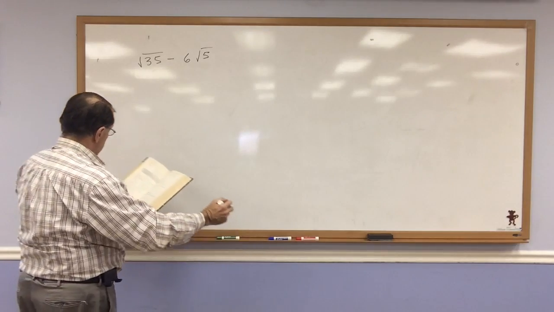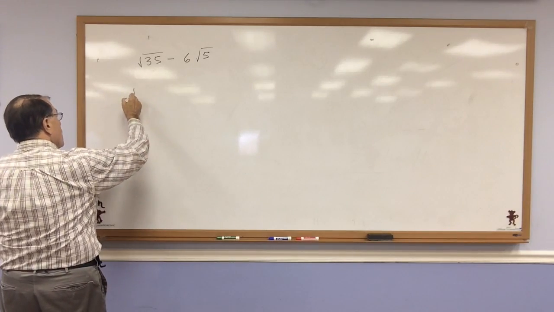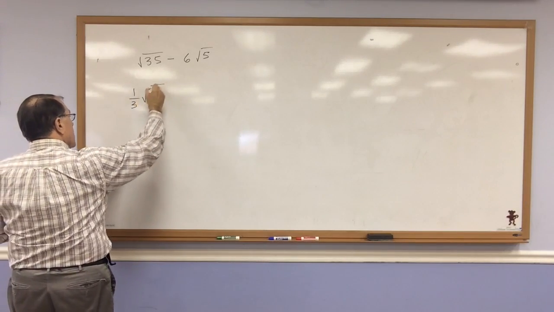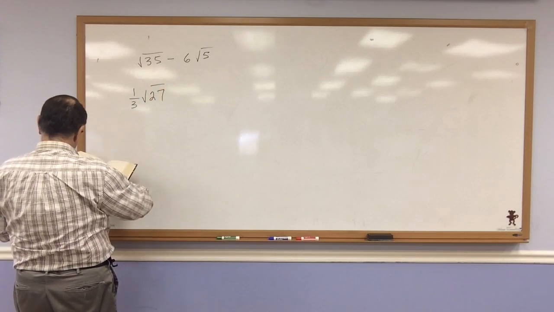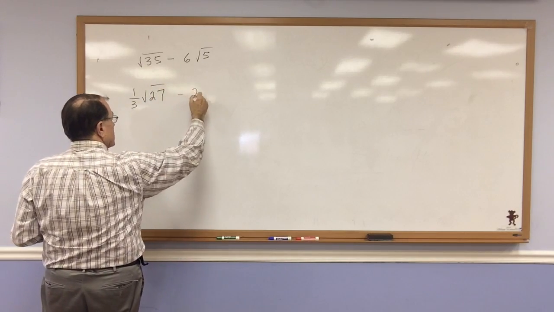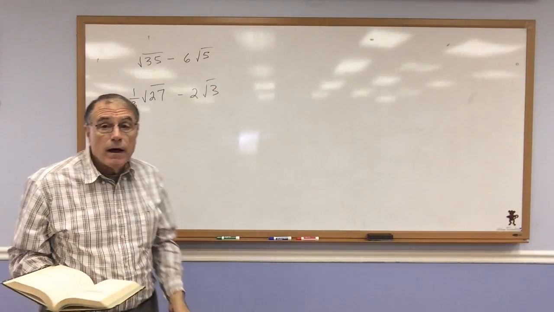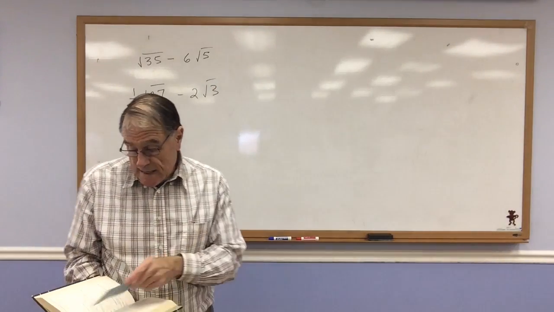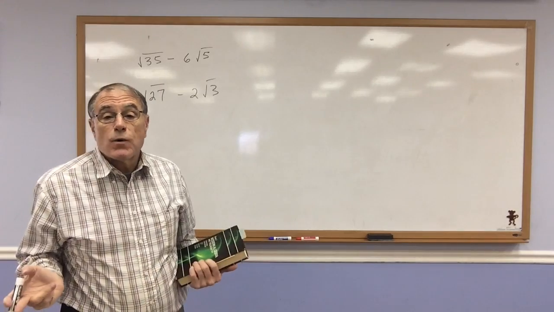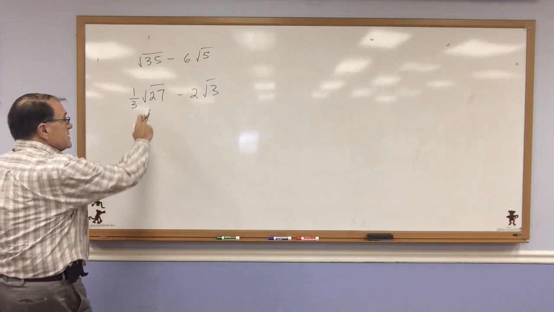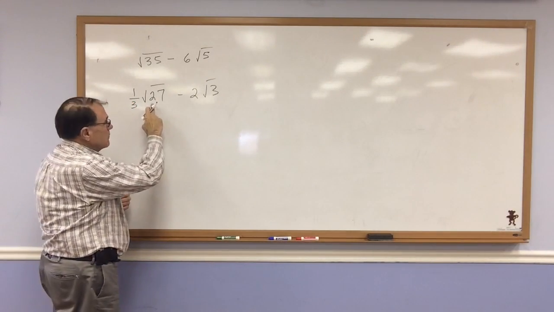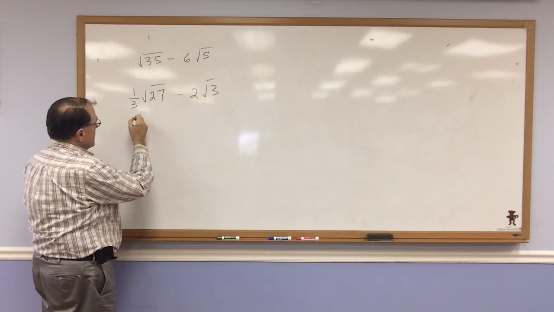Let's take this example. Suppose I have 1/3 times the square root of 27. I want to subtract 2 times root 3. Now, although the square root of 27 isn't the same as the square root of 3, I can simplify 27, which is 9 times 3.